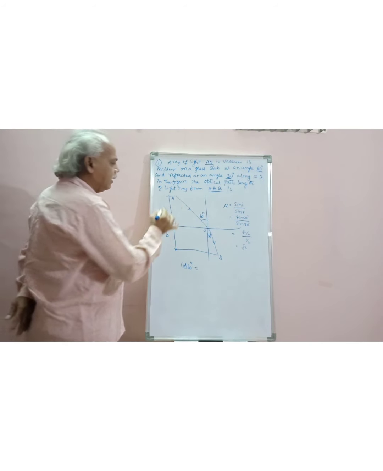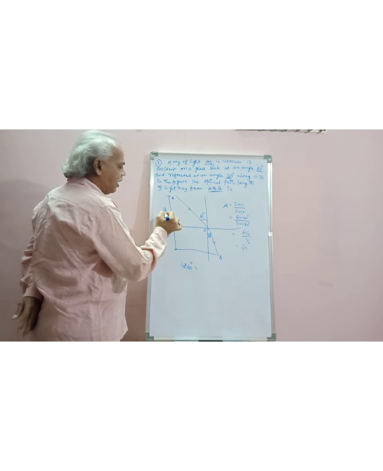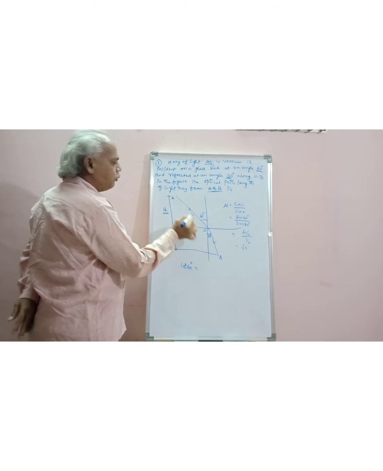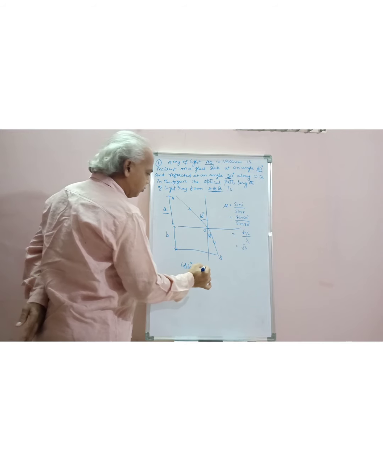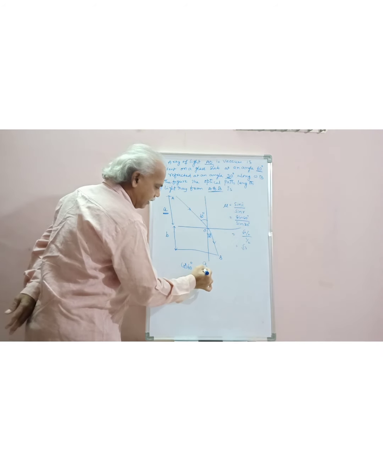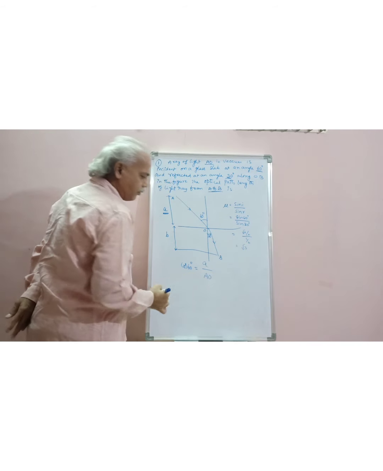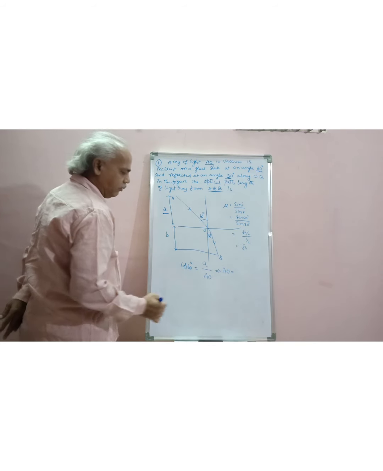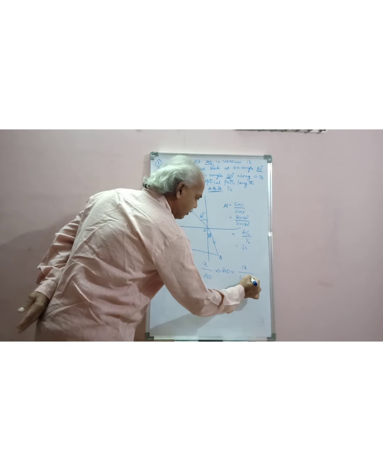In this diagram, this small a distance is the adjacent side and the hypotenuse is OA or AO. So cos 60 is equal to a by AO. That implies AO is equal to small a by cos 60.